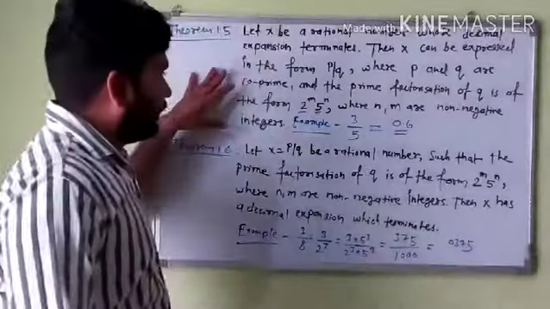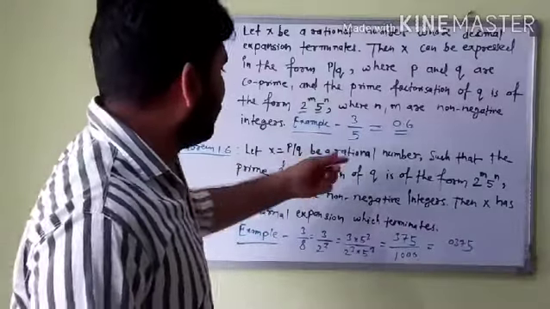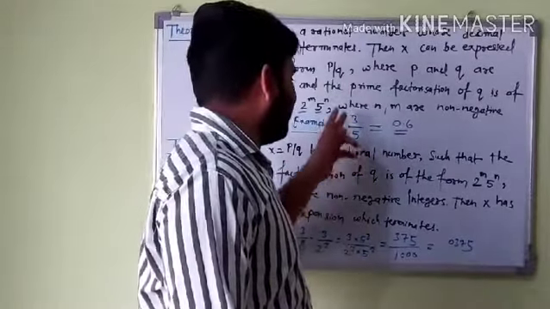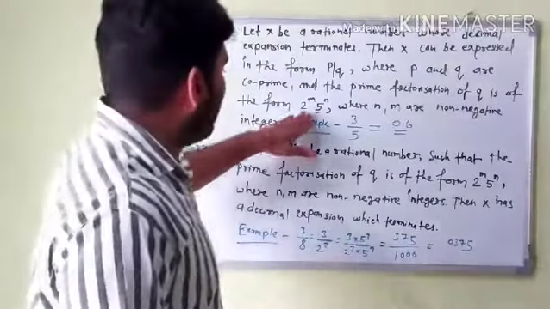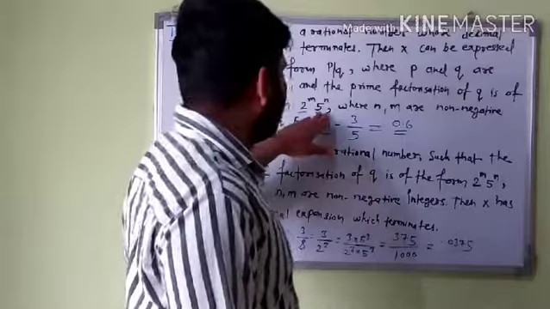It can be written in the form p by q, where p and q are co-prime numbers (3 and 5 are both co-prime), and q is of the form 2 to the power m and 5 to the power n.